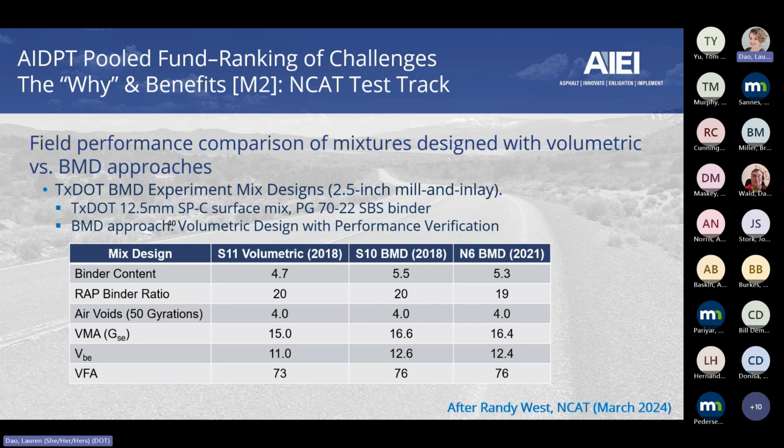And I'm going to show you the performance that Randy presented from their track. Then back in 2021, they thought, well, this is maybe a little bit high, right? Can we optimize that mix to make it a little bit more economic? So they came up with another balanced mix design, and the binder content was around 5.3. Now, if you notice, the RAP to binder ratio is constant, okay?